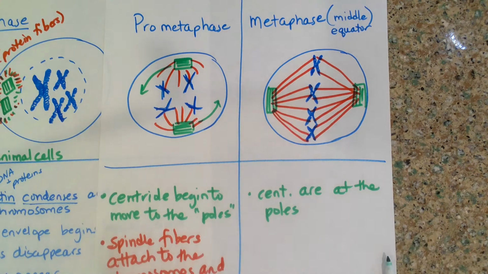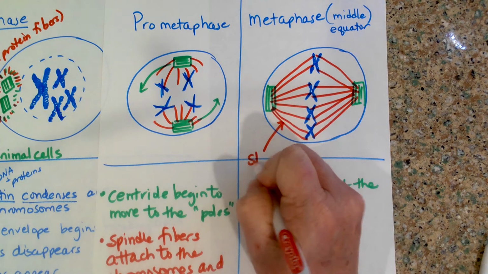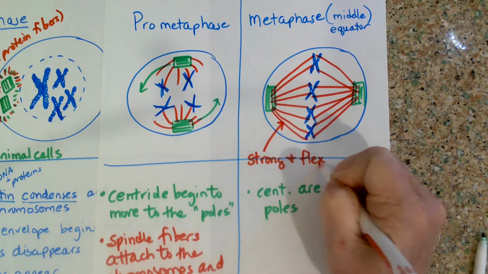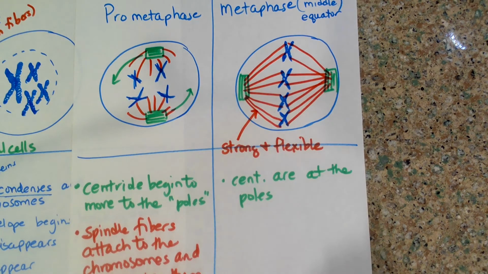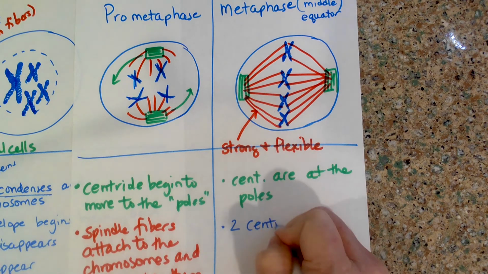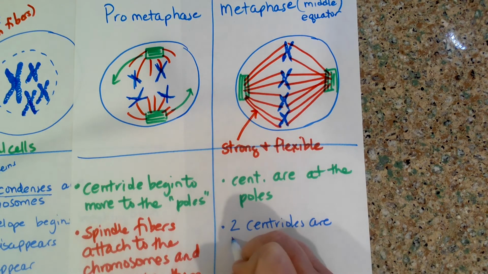Okay? Super important, because if we don't get them all lined up, then we're going to have an issue with our division. Now, these fibers are strong and flexible. All right, and so basically what's going to happen right now is during metaphase, the two centrioles are playing tug of war.